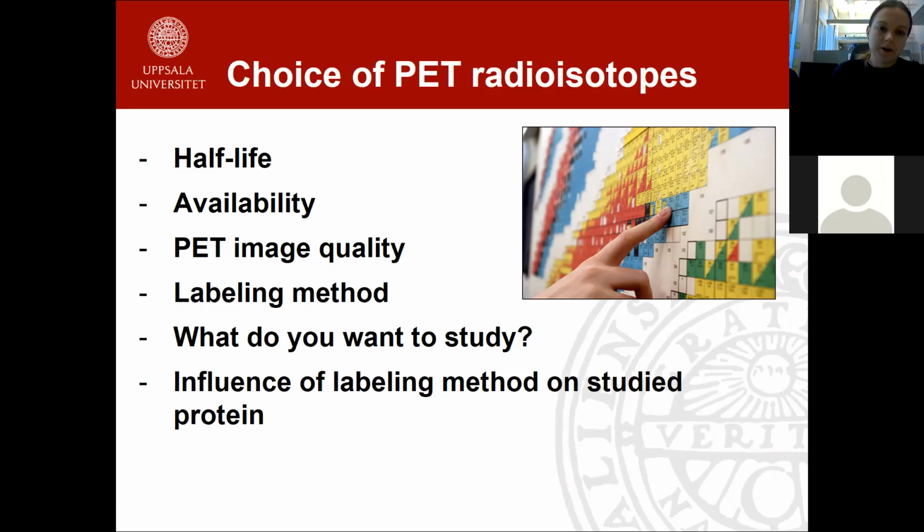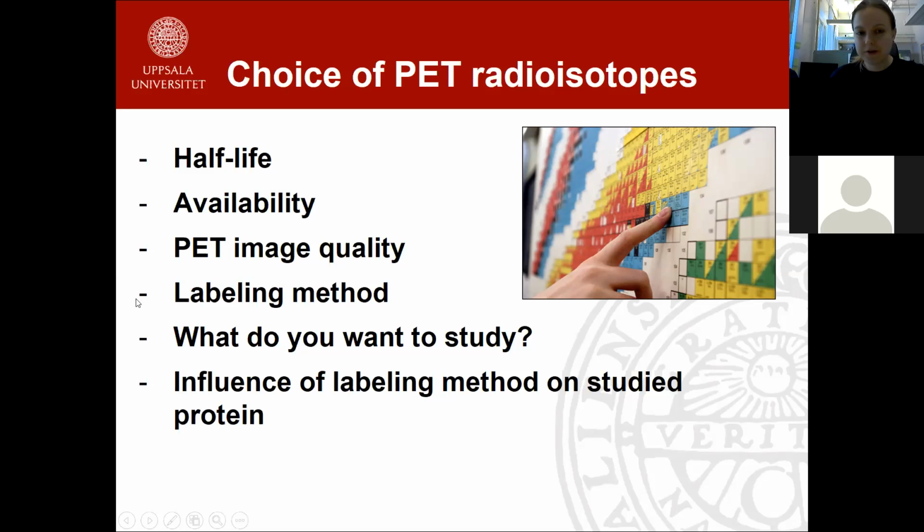A third characteristic that can affect the choice is the image quality of PET, and we will also look into that. Not all nuclides have the characteristics that would result in the same image quality. For some nuclides, image quality is better, and for some it is worse.